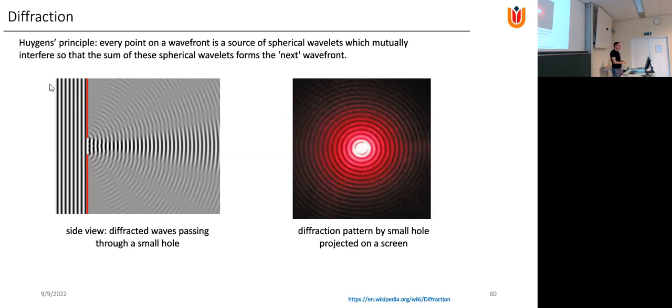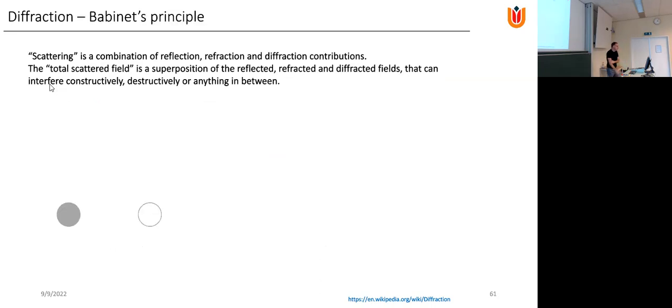We see that in optics as well. If you put a laser beam through a screen with a small hole in it, and you put a detector or a camera far away, you can see these kinds of wave patterns. So diffraction is also a contribution that you need to take into account.